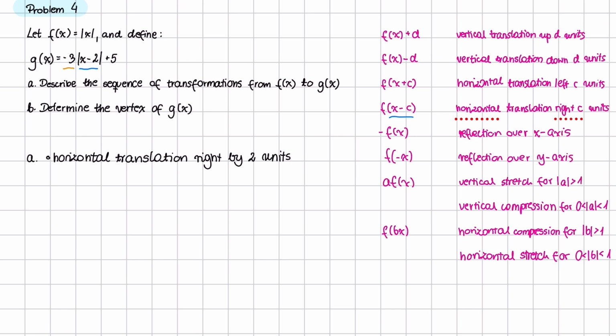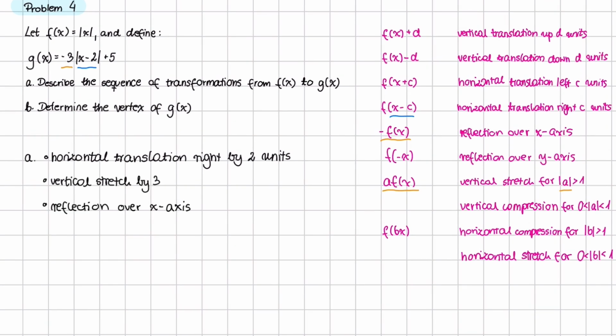So we're considering negative 3 for now, and here we have minus, so a reflection over the x-axis, and we have also a digit in front of our function. So we have a vertical stretch, not compression, because we have a that is greater than 1, because we have 3, so a vertical stretch by 3.